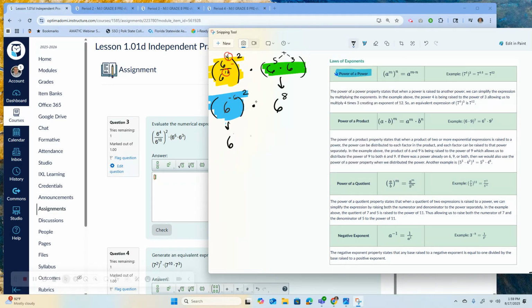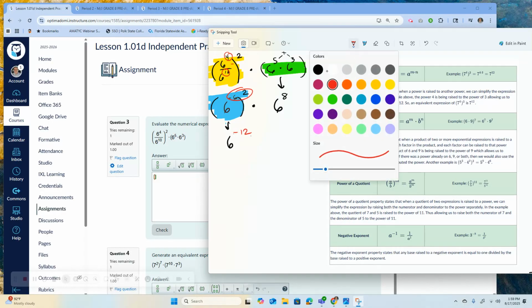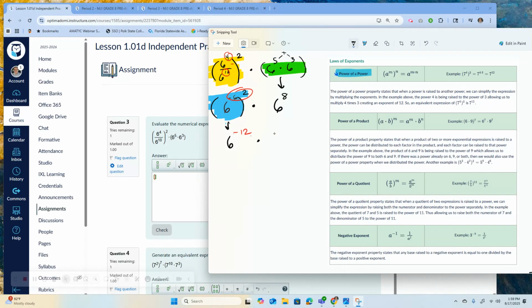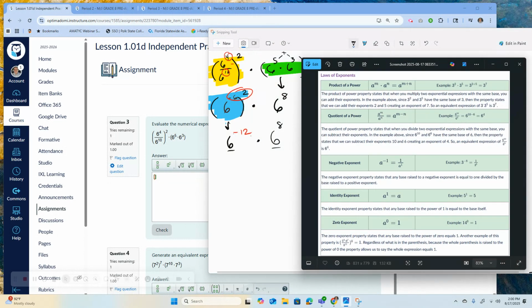I'm going to keep the 6, and I'm going to multiply the exponents. Negative 6 times 2 is negative 12. And I'm going to finish multiplying that answer by 6 to the 8th power. But how do I multiply that? Well, because I'm multiplying powers with the same base, I'm going to use this rule, product of a power.